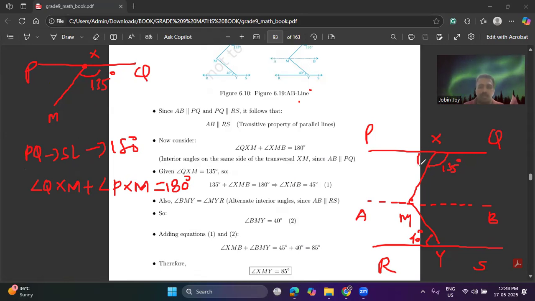So this angle will be equal to this angle, okay? So I can write angle QXM plus angle XMB is equal to 180 degrees.